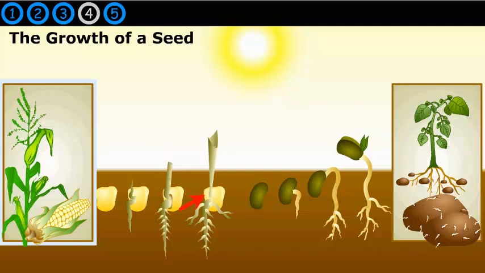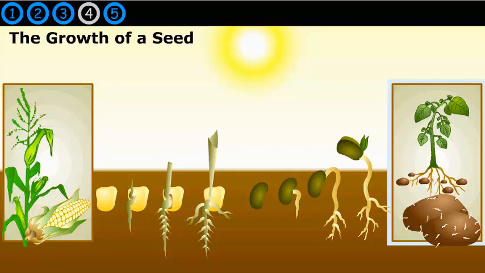The seed's food reserves stay underground. In dicots, such as beans, peas, potatoes, and sunflowers, the root forms a hook that pushes through the surface. Then, in response to sunlight, the hook straightens and the shoot emerges.